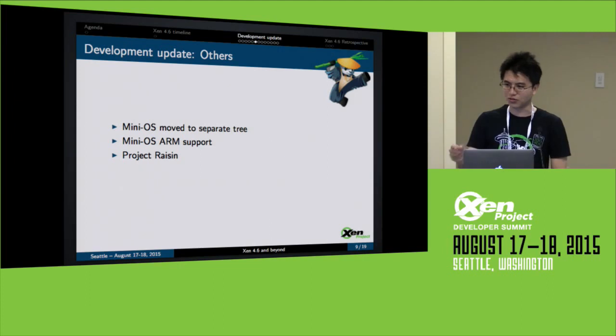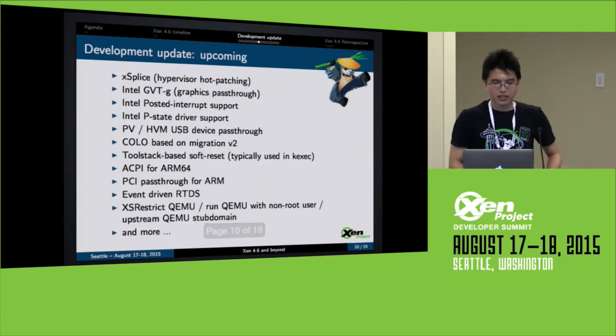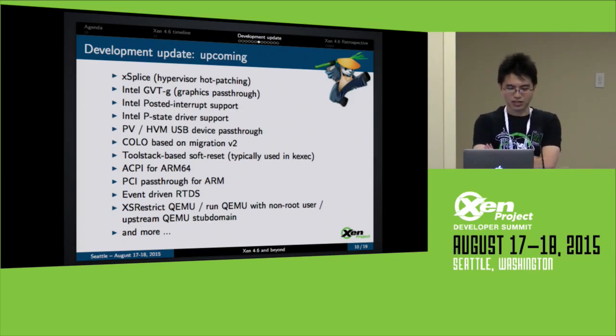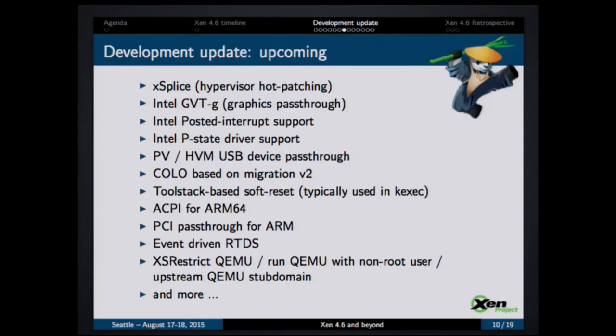I think Stefano is going to cover that tomorrow. And then these are the things coming in the pipeline, which is quite a lot. Some of them are quite close to being merged in this release, but unfortunately they missed it. So I'll go through some interesting ones.